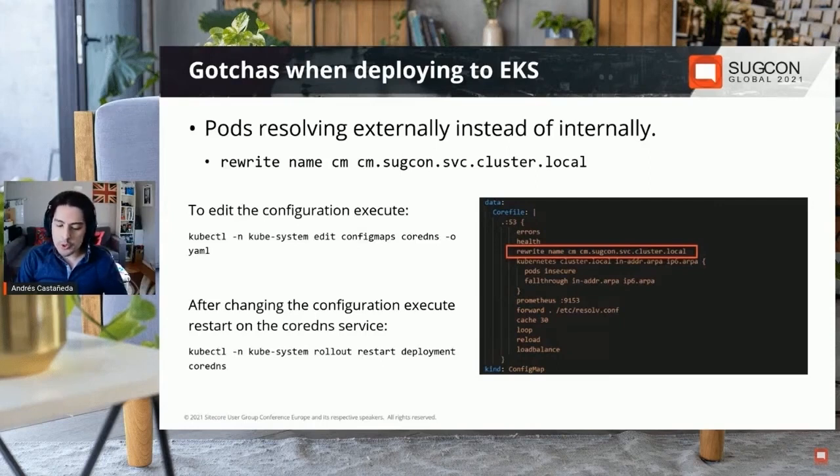Once you save it and close it, it will push the changes to Kubernetes. And then, in order for the pods to pick up the change, you need to restart the core DNS service by executing the last command. That will roll out a deployment in the core DNS, and it will take effect on the pod within minutes.